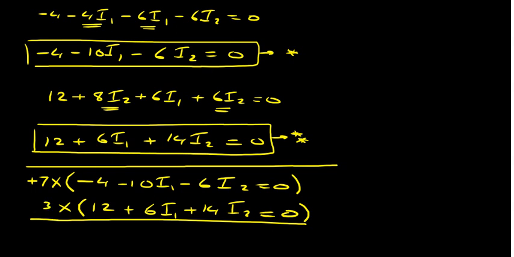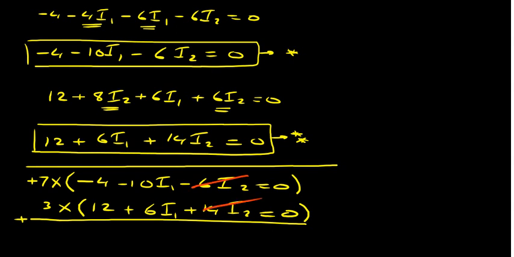And yes, we're going to do the addition after that. Our target is to eliminate the second current, which means 7 times 6 is 42, but it's negative, and 3 times 14 is also 42. Excellent. So practically it's a negative 42 plus 42. That means this term is gone.